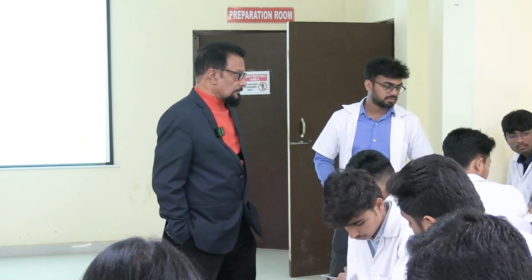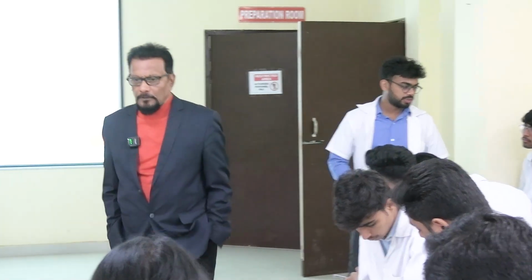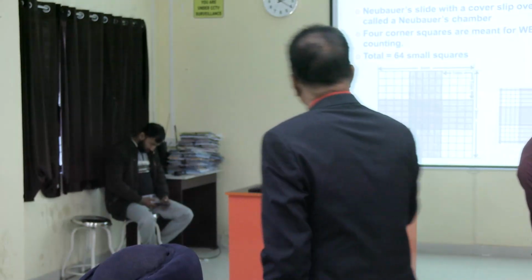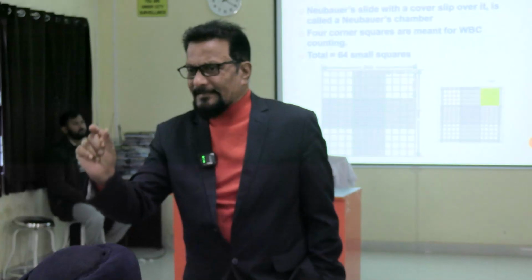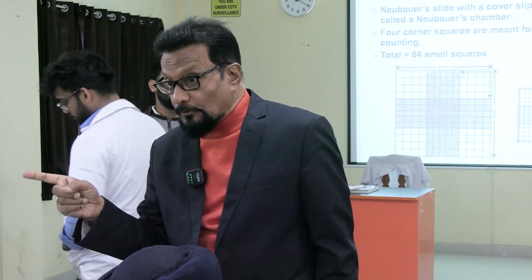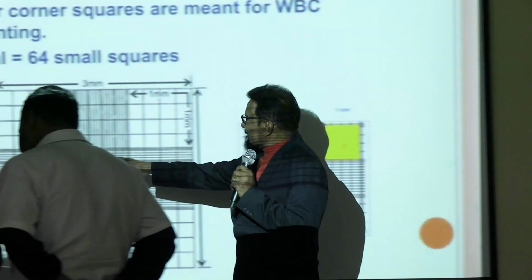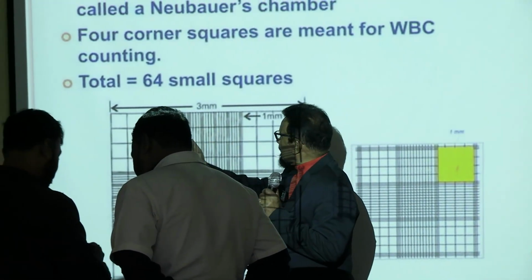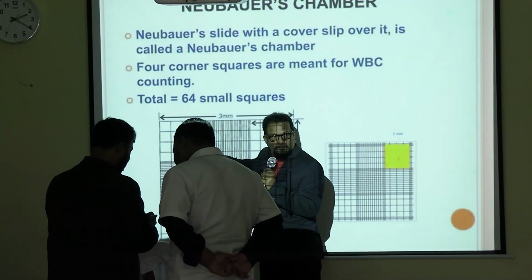Calculate and show me. Did you get my problem? One smallest square is having 5 WBCs. Now I know the volume. Now I want to know what would be the value for 1 cubic millimeter. The number of WBC here, this is the upper left corner.